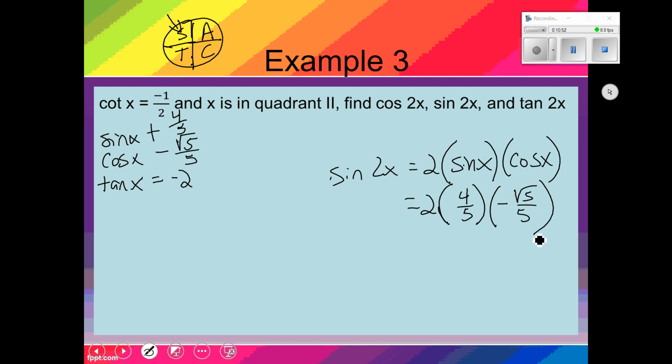So when I multiply this out, I believe this comes out to negative 8 times the square root of 5 over 25. Okay, so there's your sine of 2x. Okay, let's look at the cosine.